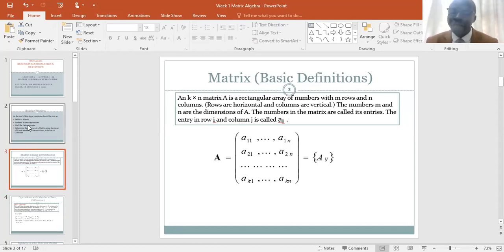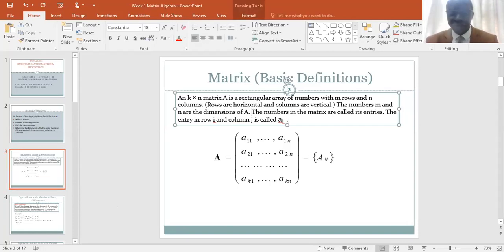I'm talking about m by n. M by n is written this way. It's not m times n, but m by n. Use the multiplication sign to denote the order or the dimension. I'll just write it somewhere here.